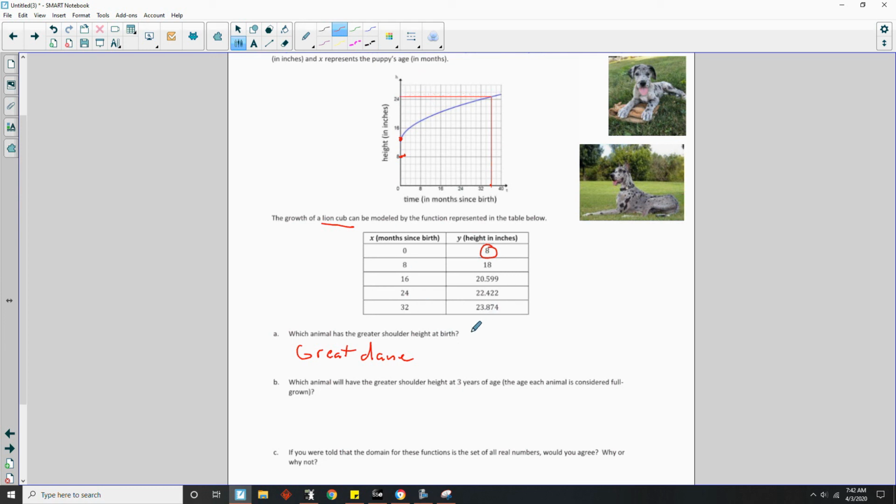And the, let's see, lion at 36 months, well, this is at 32, is 23.8. So at 32, it was 23.8. It was almost the same.